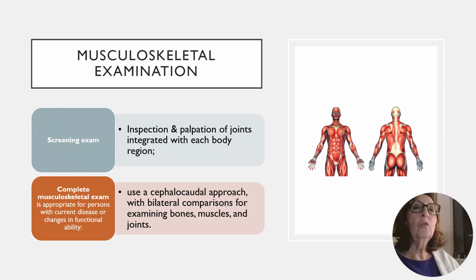They're saying here that for a complete musculoskeletal exam, we're going to use the cephalocaudal approach. Basically, that's medical terminology for a head-to-toe approach. We're going to be looking for symmetry when we're examining the bones, the muscles, the joints. So again, symmetry is going to be very, very important when we're doing our exam.